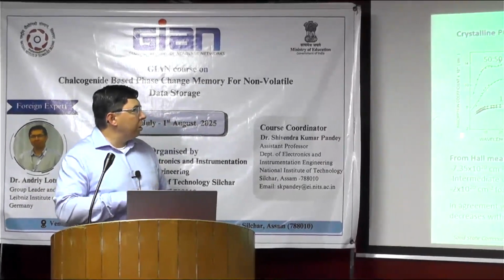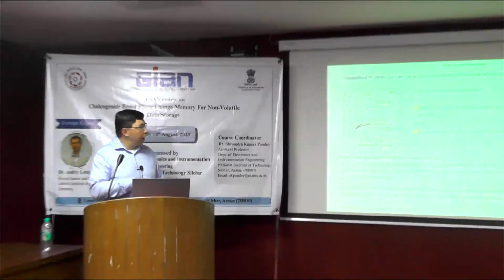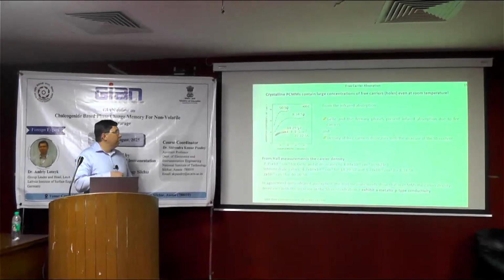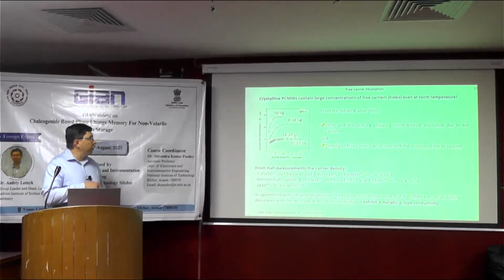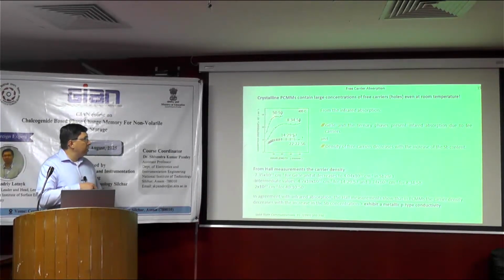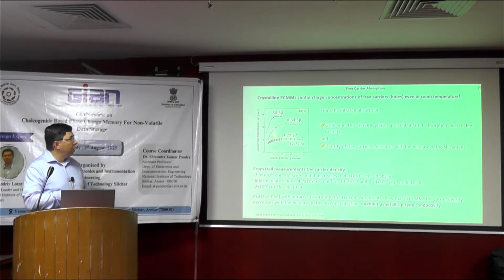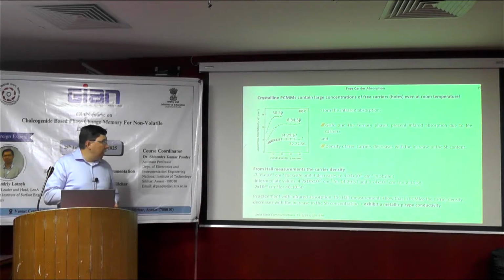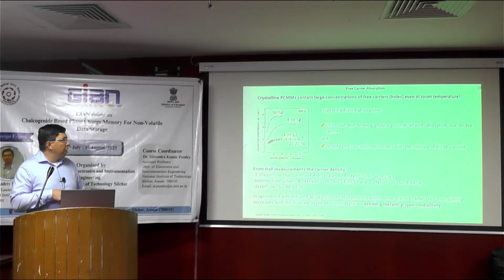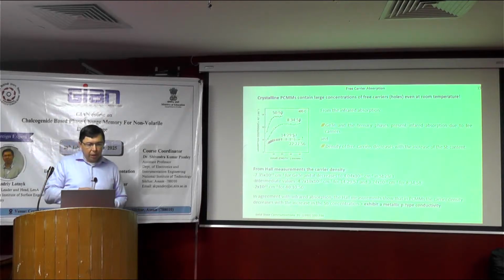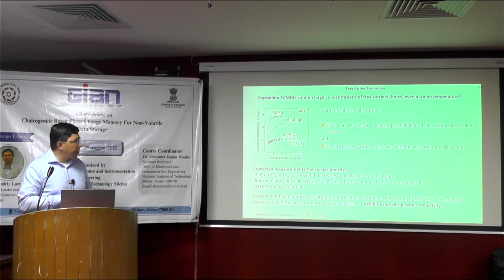You can measure the absorption coefficient, and you can see that this coefficient is high, and it's also reducing, also compositional dependent. And from the Hall measurements, you can identify the carrier density in these materials.